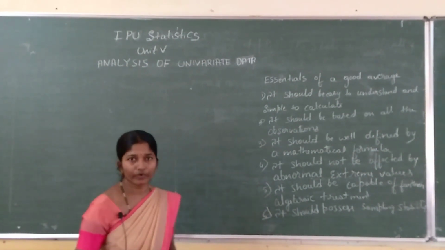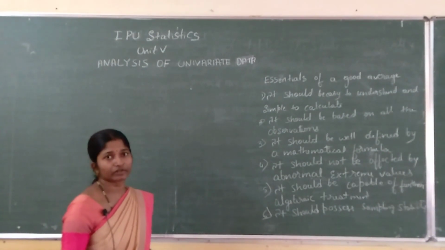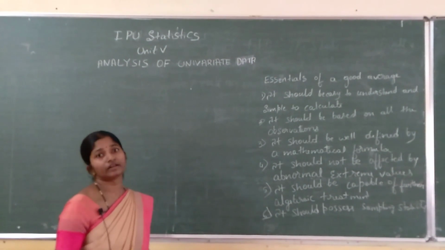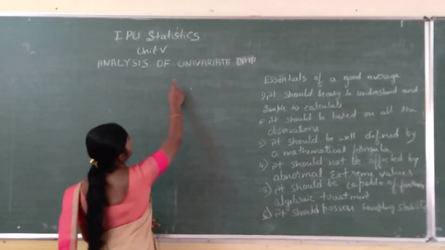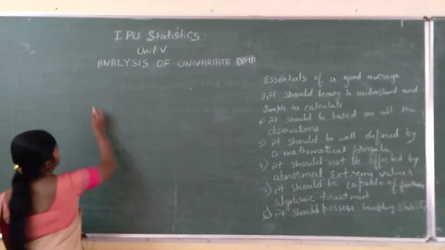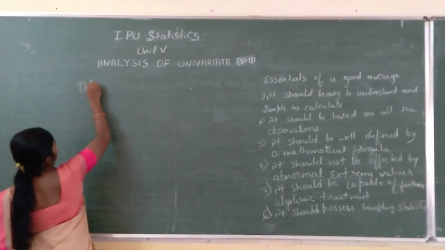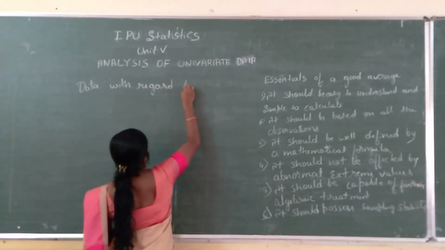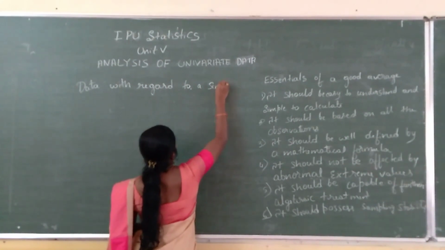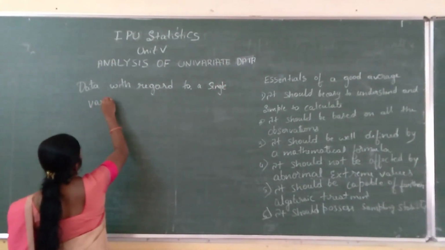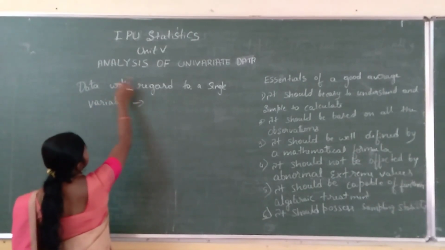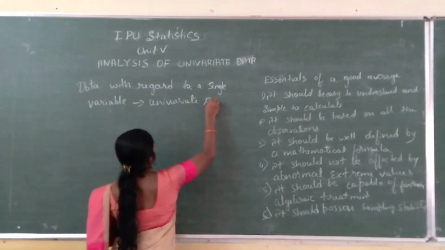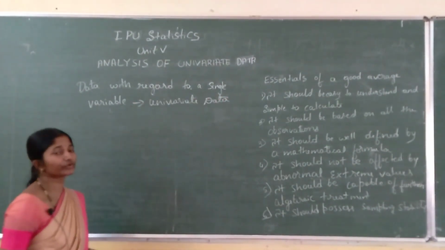Data with regard to a single variable is called univariate data.